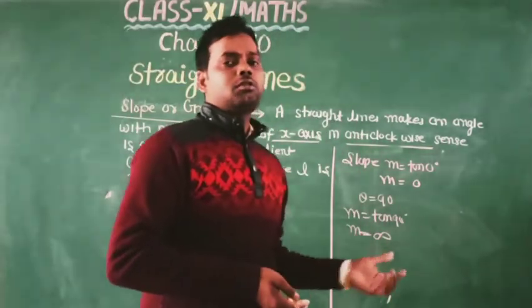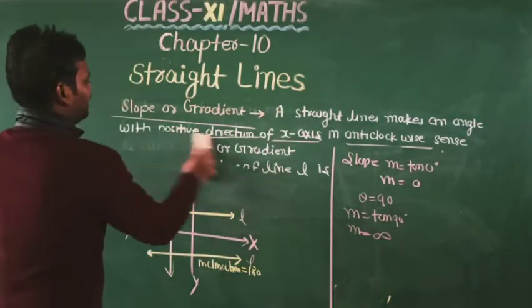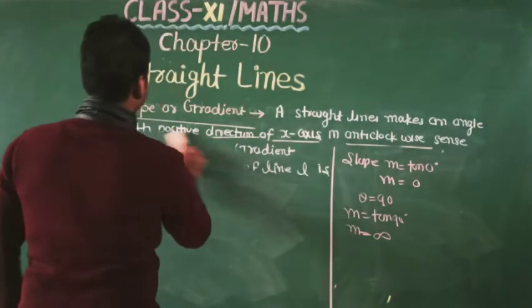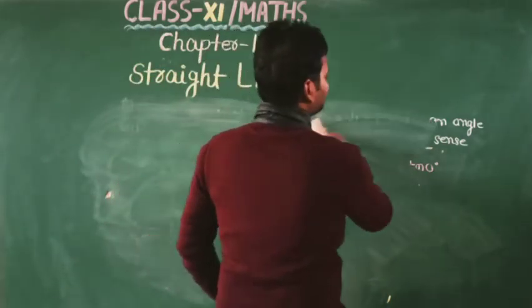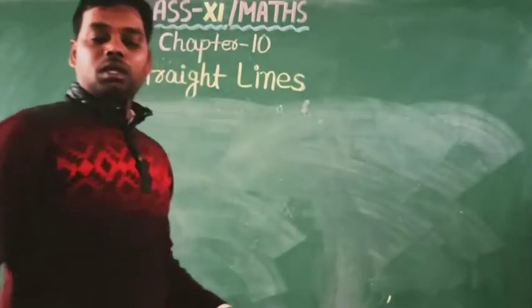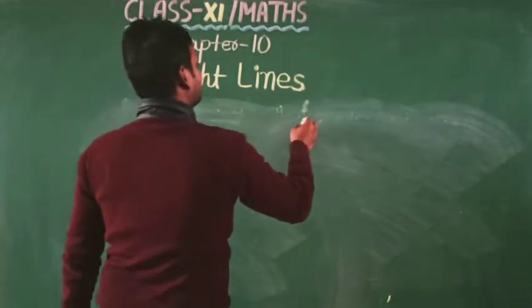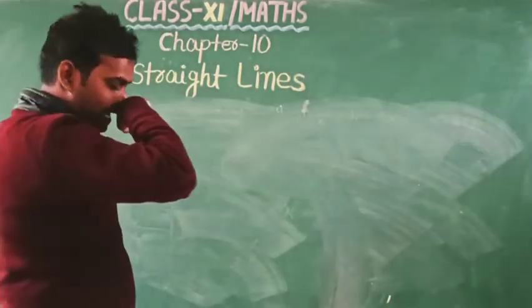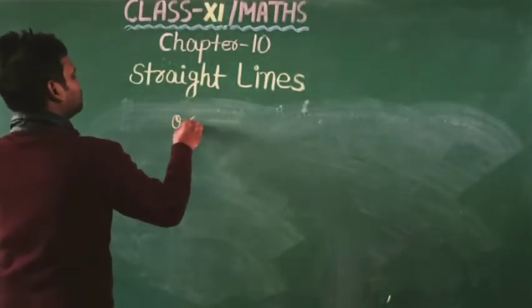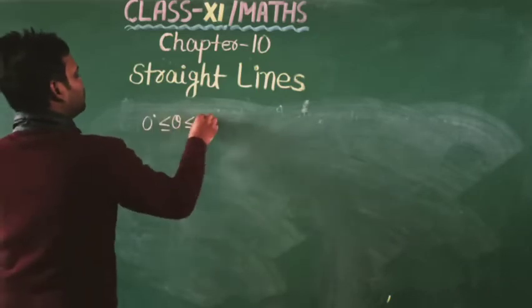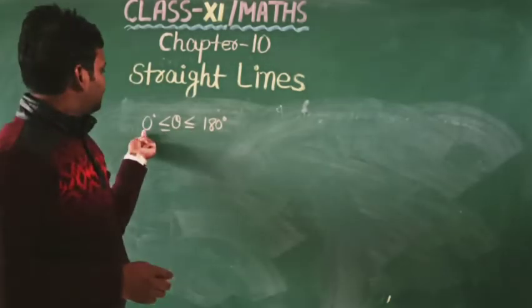Clear? And the angle between the line and x-axis lies from 0 degree to 180 degree.